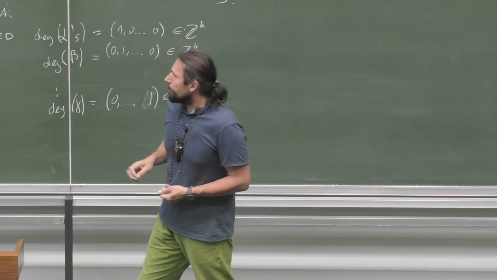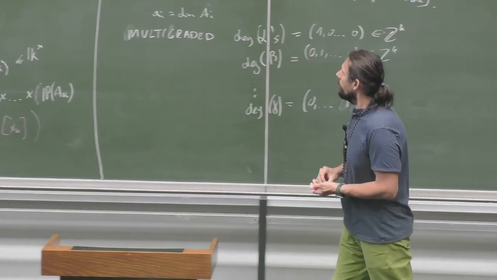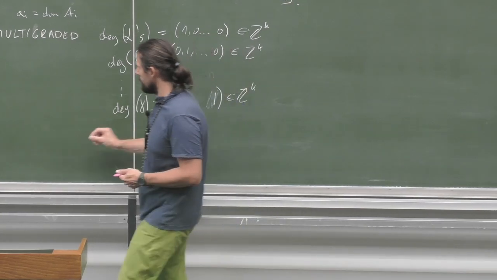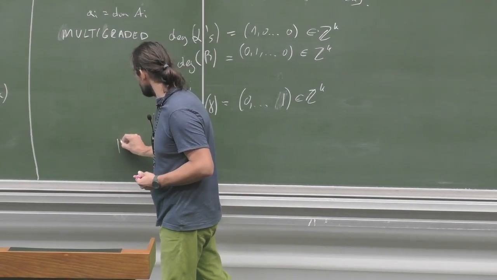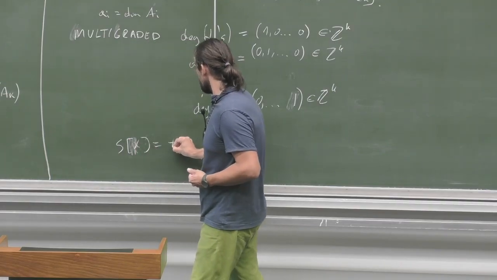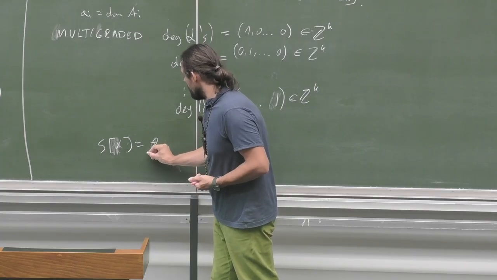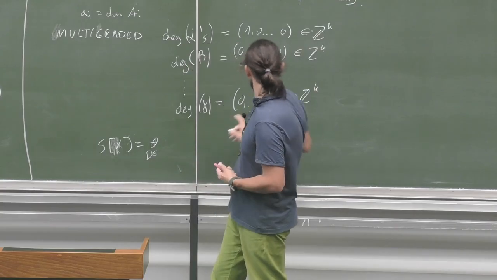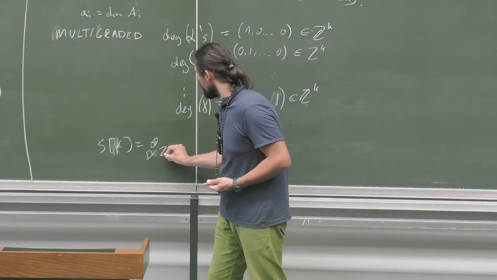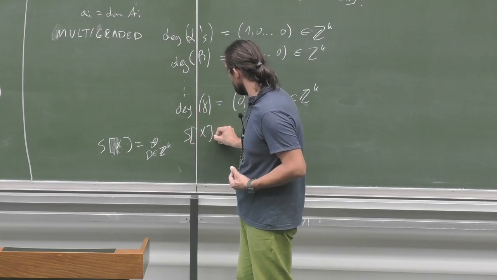This is a multi-graded ring, and the way it corresponds to this tensor world is the following. If we write it as a sum, S of X is a direct sum over all elements d inside Z^k of the graded pieces.